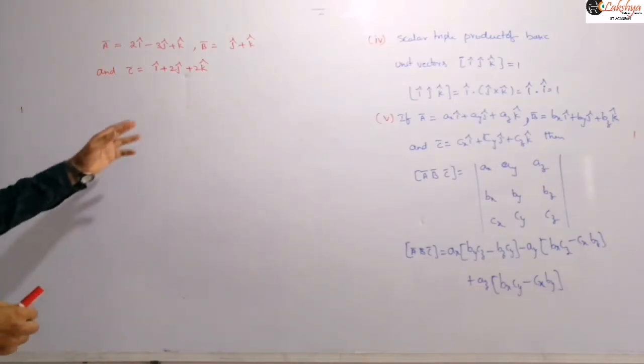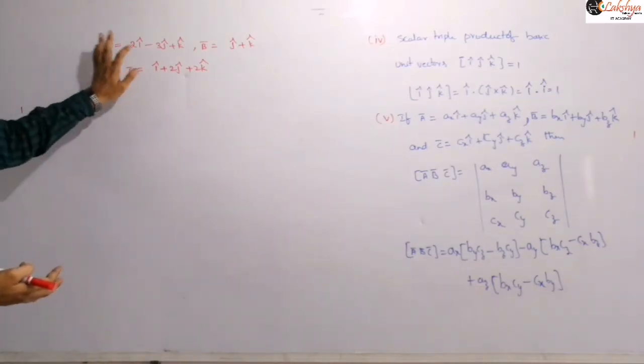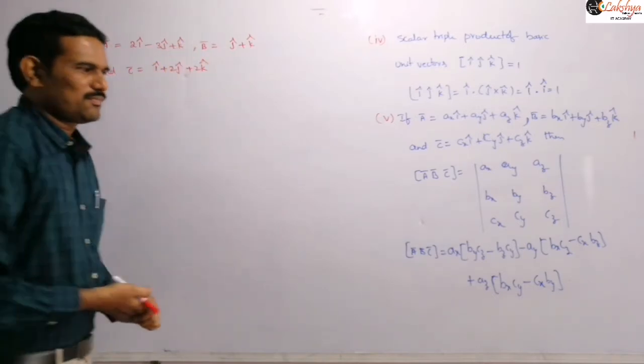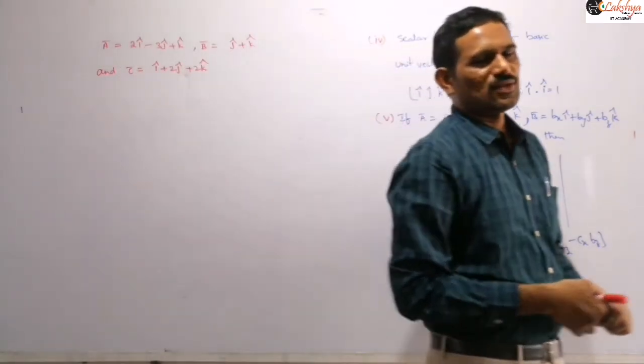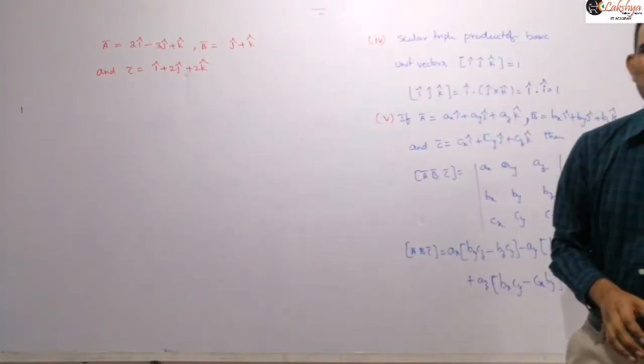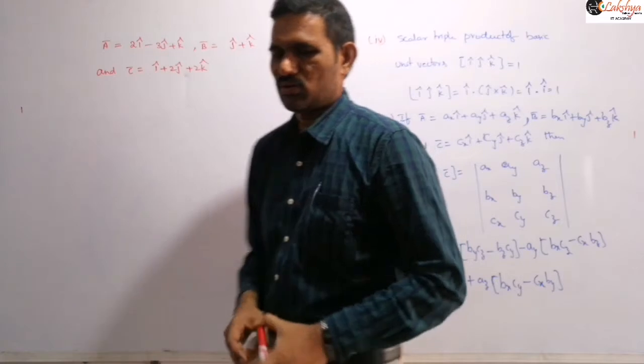If three vectors are given like this, then verify whether these three vectors are coplanar or not.